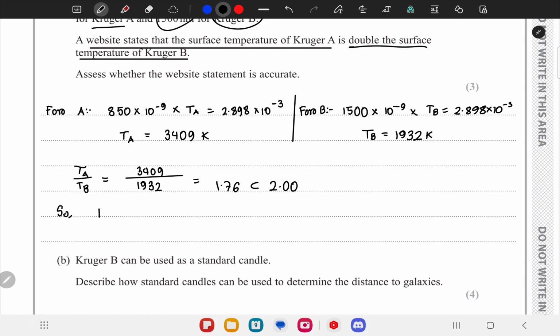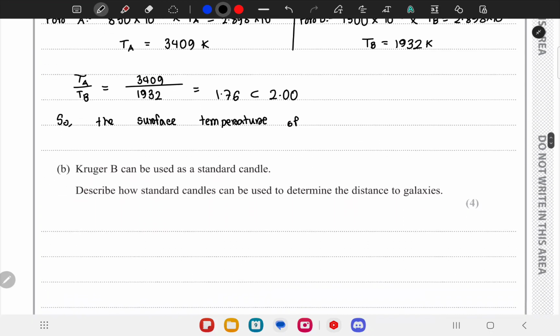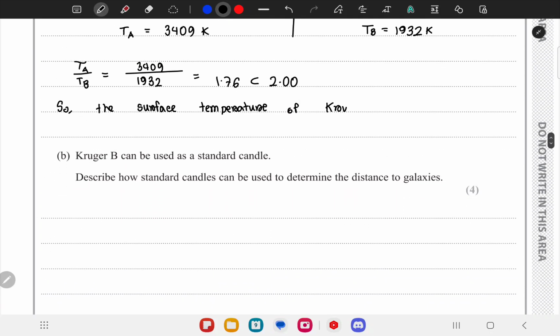So the surface temperature of Kruger A is less. You can also write slightly less because the difference is not that big.